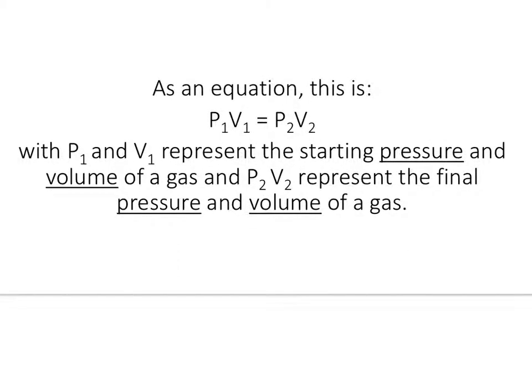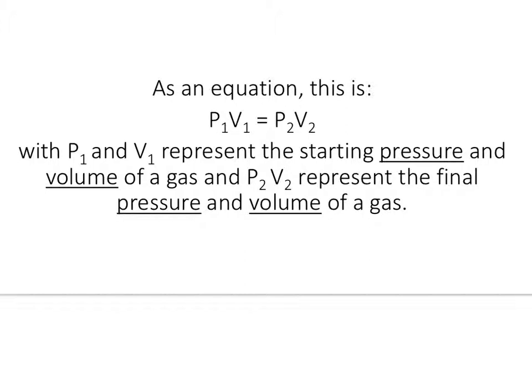So, in equation, this is P1V1 equals P2V2, where P1 and V1 represent our starting pressure and volume of a gas. P2V2 represent the final pressure and volume. I'll give you a secret. It actually doesn't matter which one you use. You don't have to have the starting here or the ending here. In fact, there's often not even a starting or ending that's obvious.